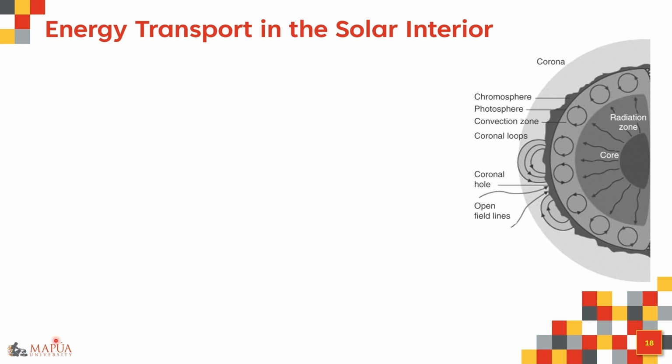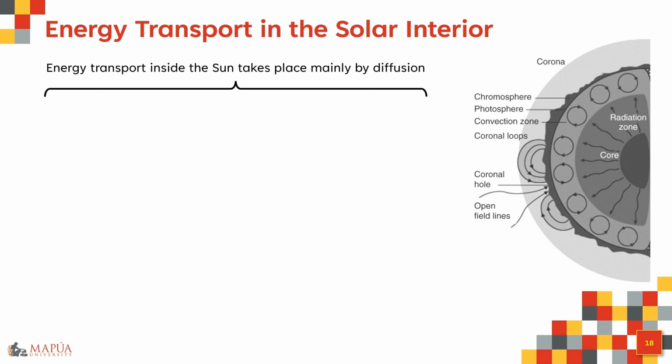As mentioned before, the energy transferred inside the sun takes place mainly by diffusion. The initial energy transfer is done by radiation, and the temperature gradient in the radiation zone is given by this equation: KT rho m over T squared times L sun over 4 pi r squared.